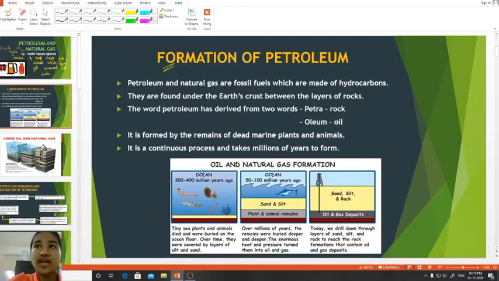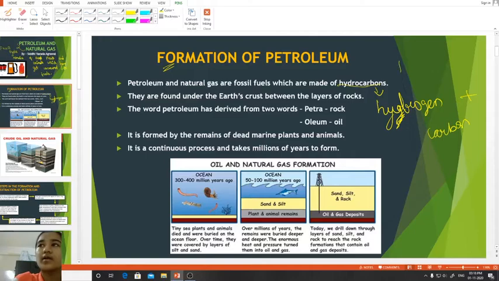Petroleum and natural gas are fossil fuels which are made up of hydrocarbons. Now, what are hydrocarbons? They are compounds of hydrogen plus carbon.